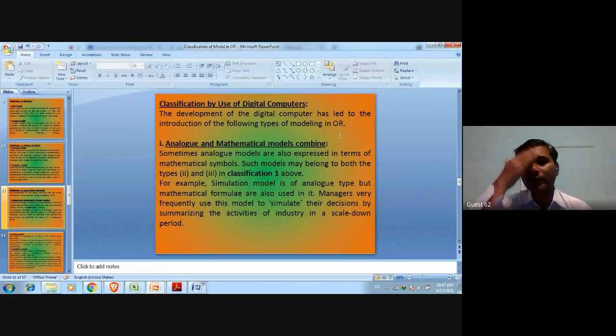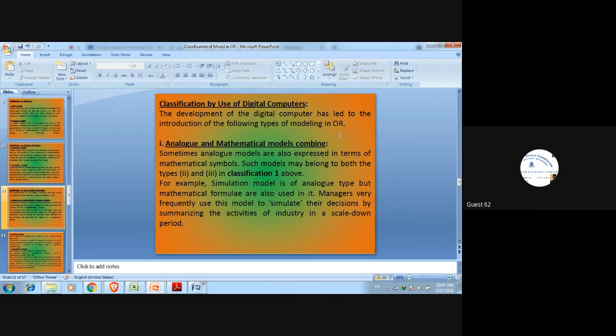The second and third in classification one were the analog model and the symbolic model, or we can also say the mathematical model. So when we combine both of these models, this model is of analog type, but mathematical formulae are also used in it.